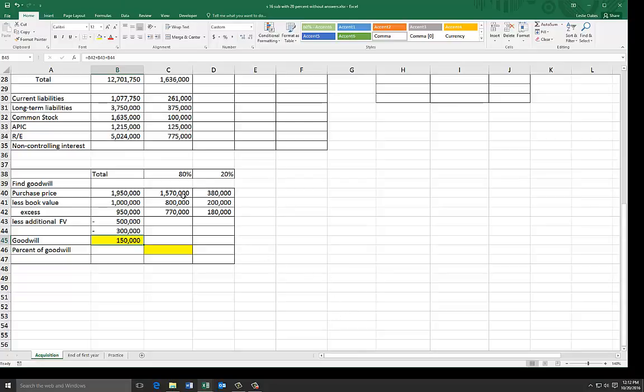So now we have to divide these two up among the 80% and the 20%. Now we can find each section of ownership and their goodwill.